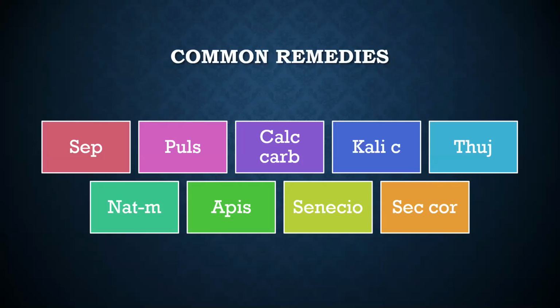Secale cor, menstruation too profuse or too long in duration, then menstruation like flooding with violent cramps, and tingling in the limbs and great weakness. And in secale cor, we find a particular symptom, that is suppression of menses in thin, scrawny married women. That is, thin, unhealthy looking body in married women.